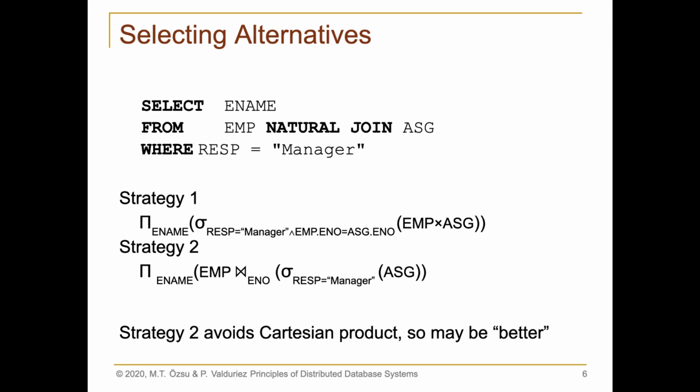Strategy two first performs selection or horizontal fragmentation on relation assignment. Then the intermediate result from this operation is further equi-joined with relation employee, and ultimately the employee name attribute is projected.